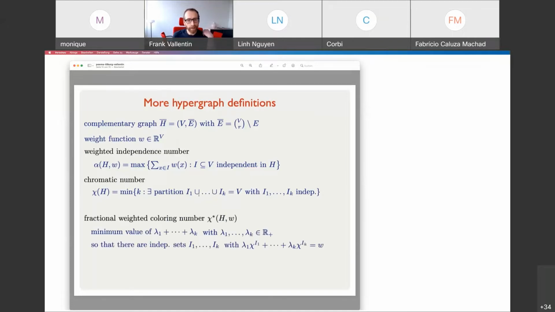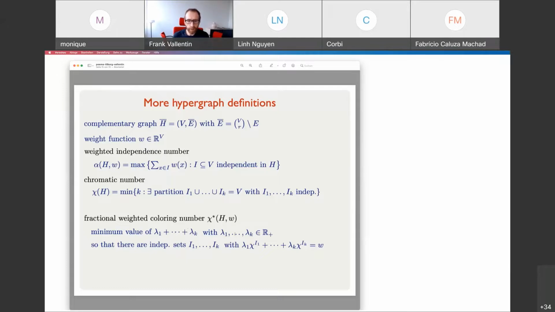And another definition which we also need, but not really neat, but I think it's interesting to look at, is the fractional weighted chromatic number chi star H of w. So that's a solution of some linear optimization problem. So that's the minimum value of lambda 1 plus and so on plus lambda k, where lambda 1 up to lambda k are the variables of the linear program.